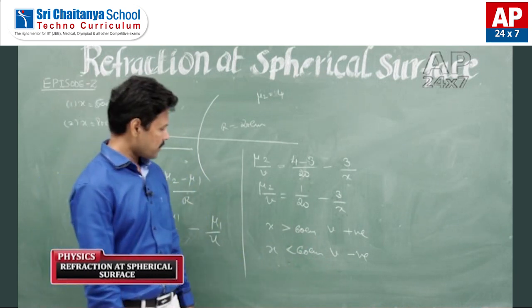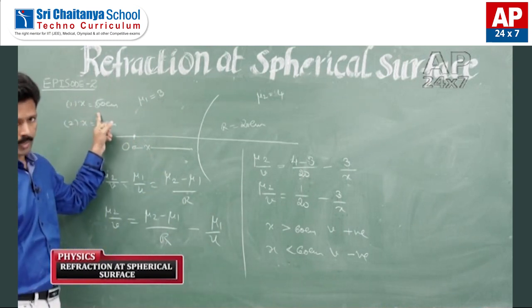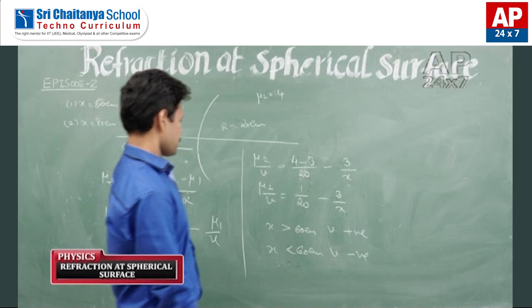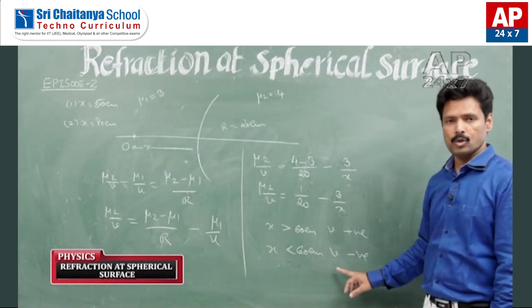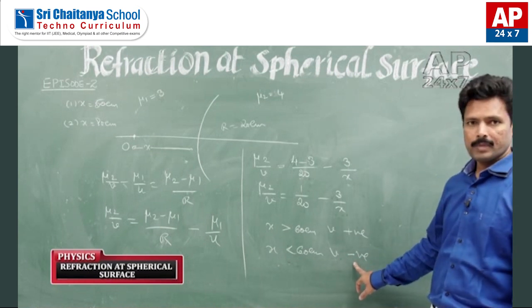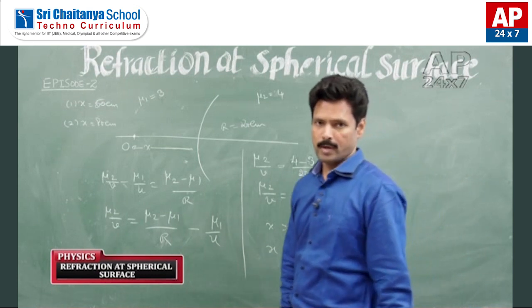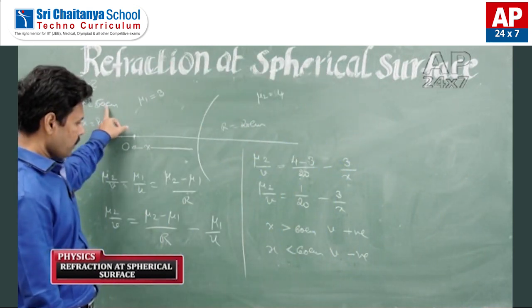Now see the question given, x equal to 50, first one. So x equal to 50 means it is now less than 60. That means v value negative. So v negative means image is virtual. So for the first one, image is virtual.